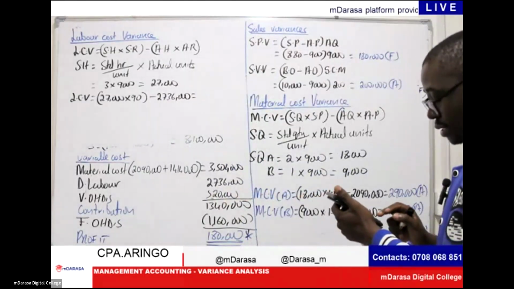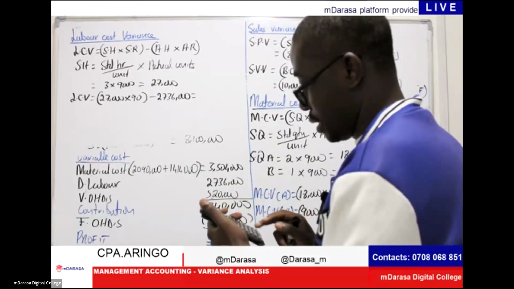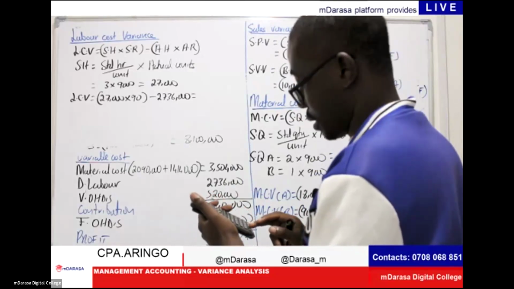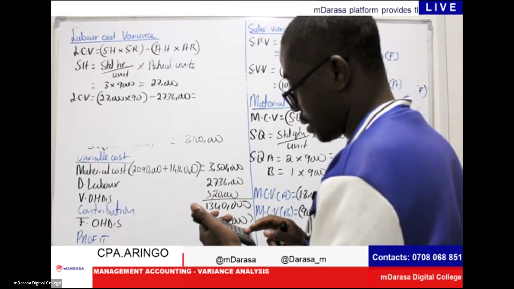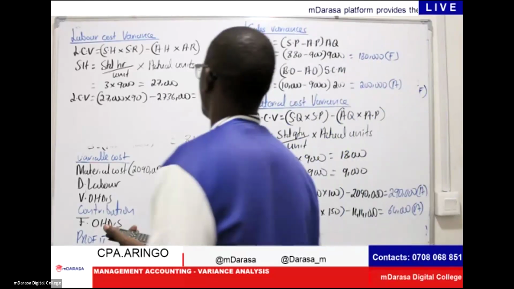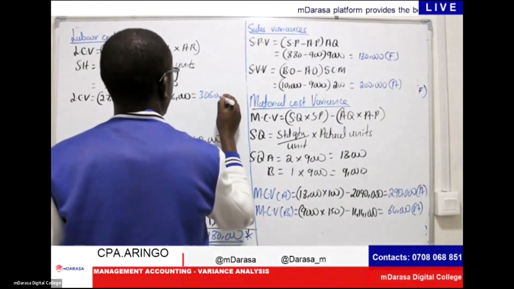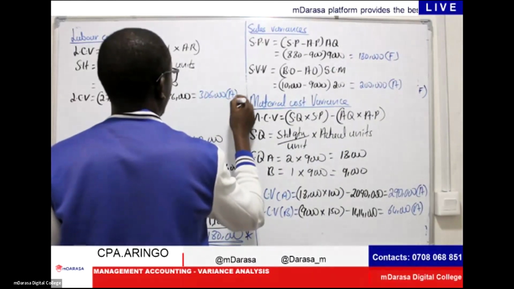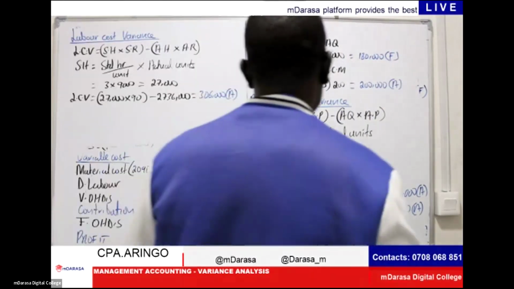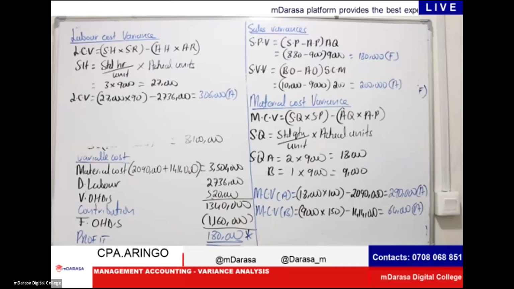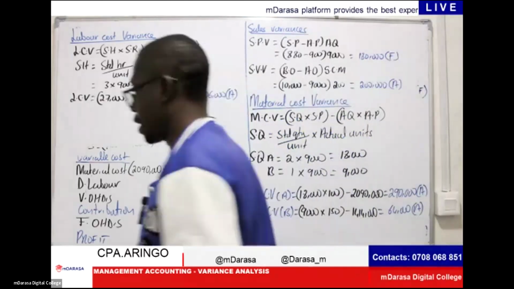So 27,000 times 90, less 2736, gives us 306,000 adverse. You can confirm on your end.